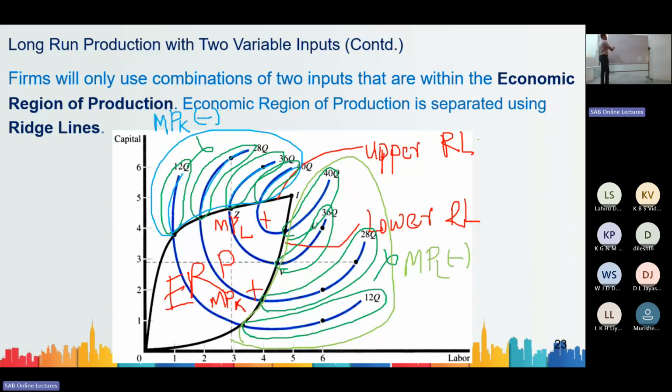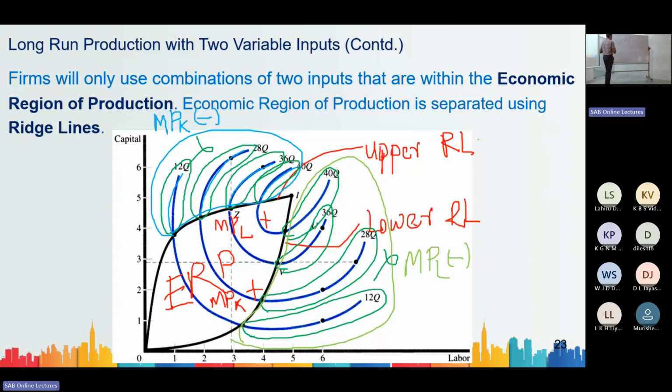So we draw the upper ridge line by combining the points where marginal product of capital is 0.